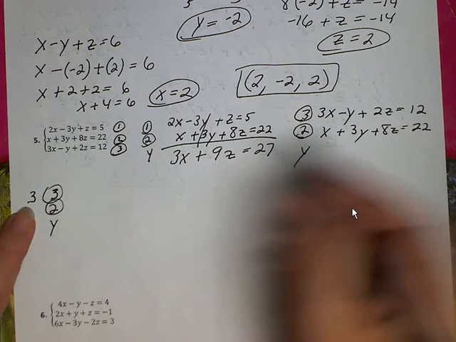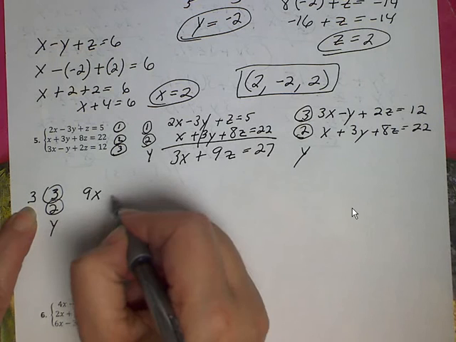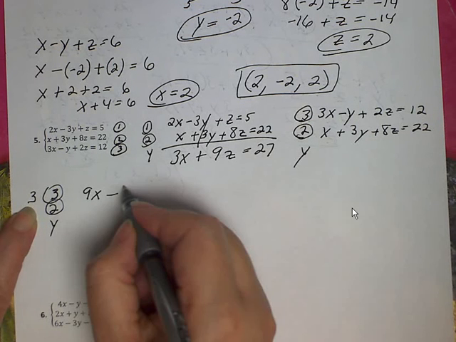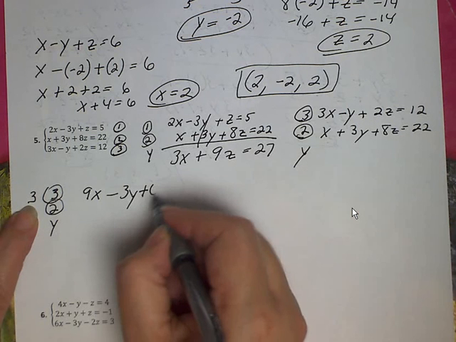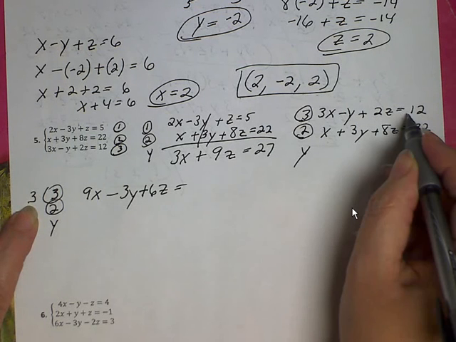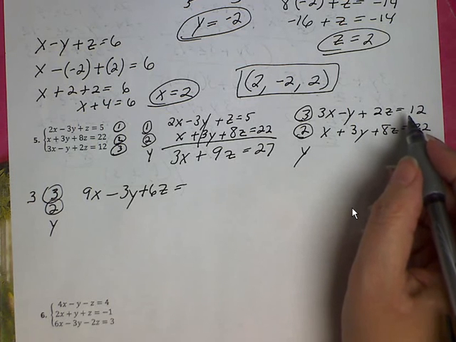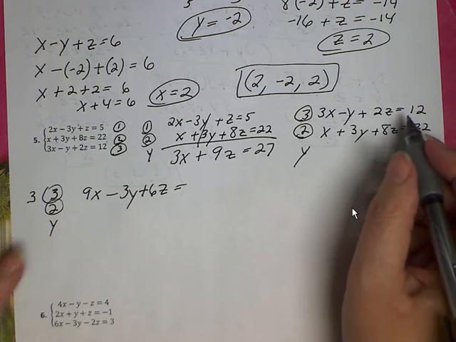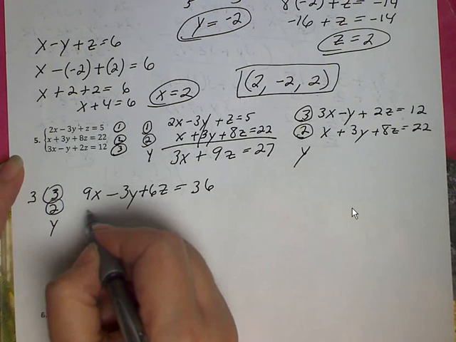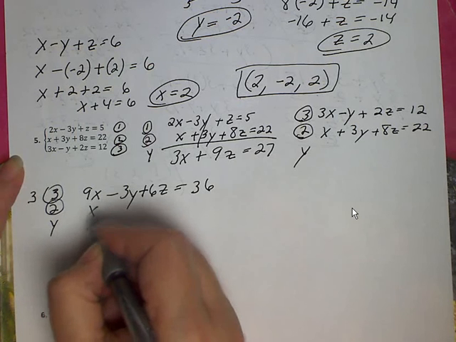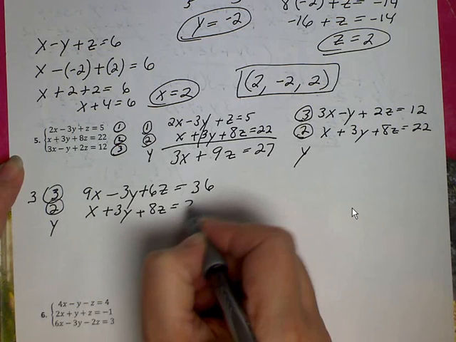So 3 times 3 is 9x minus 3y, 2 and 3 is 6z, and then I have 12 times 3 is 36. And bringing down 2 is x plus 3y plus 8z is equal to 22.